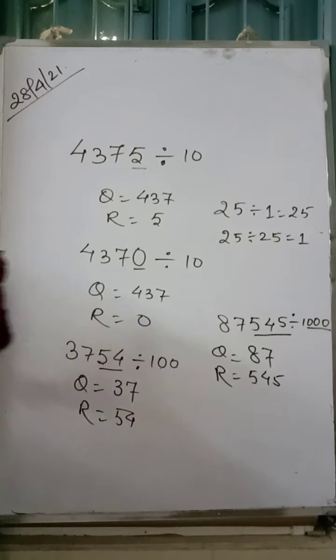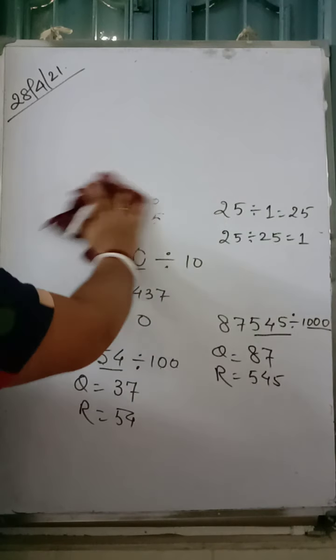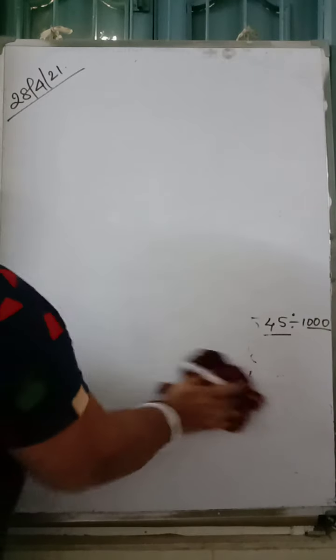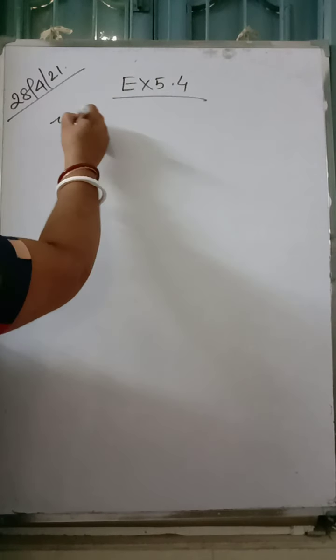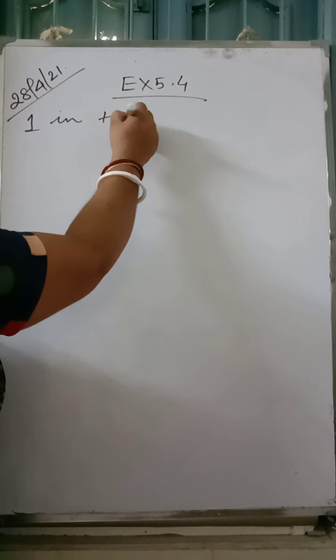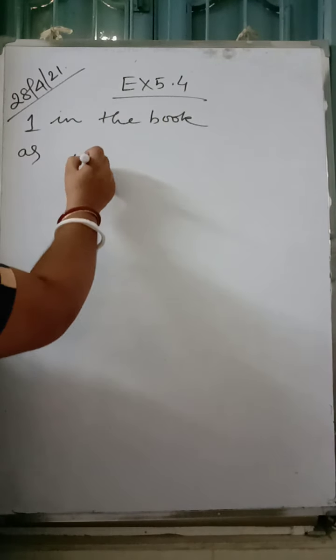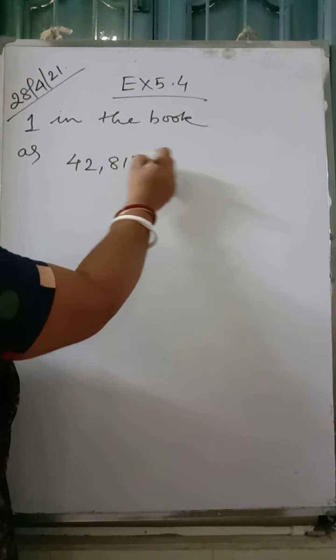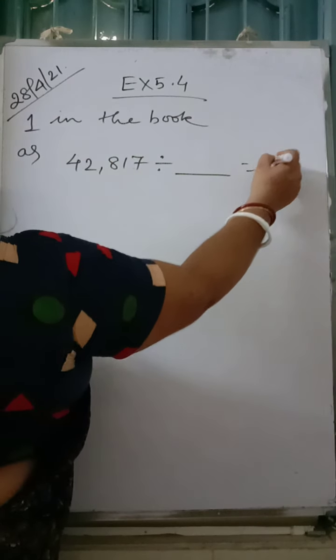So now let us begin exercise 5.4. Exercise 5.4, number 1 in the book. Answers are: 42,817 divided by dash is equal to 42,817 divided by 1.